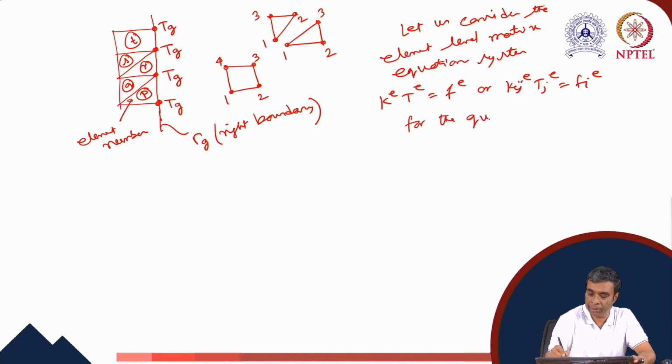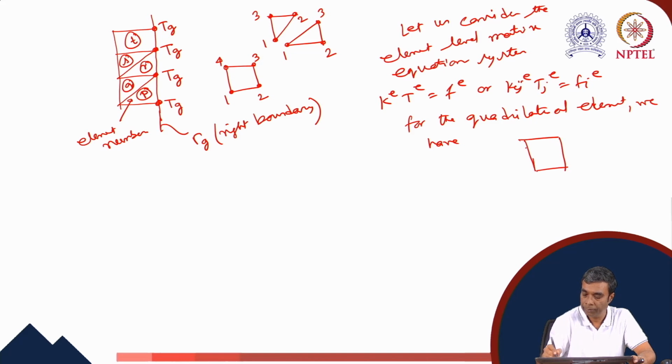For the quadrilateral element of bilinear type, we have nodes 1, 2, 3 and 4. This is element T. Our unknown temperatures are T1T, T2T, T3T, and here T4T.